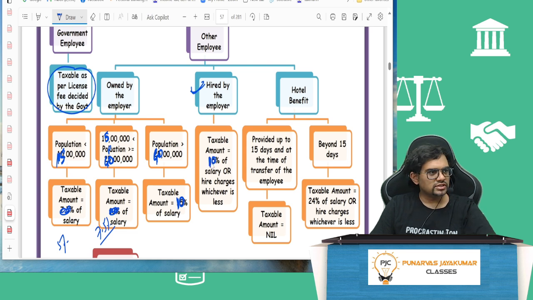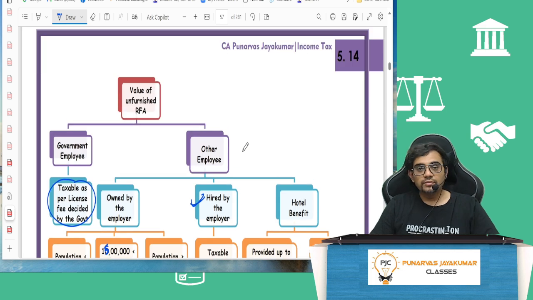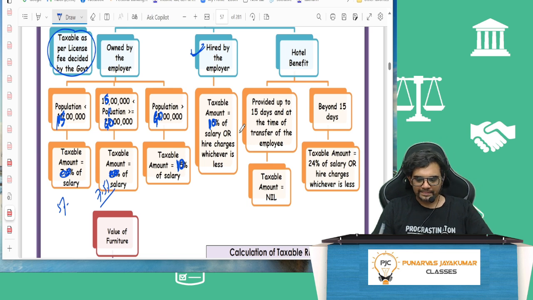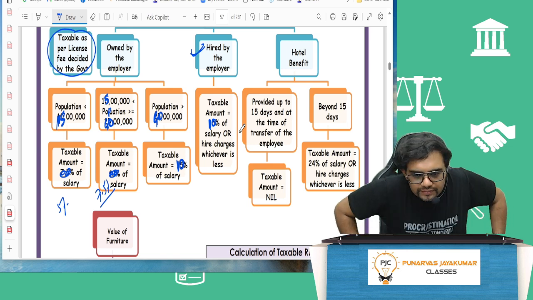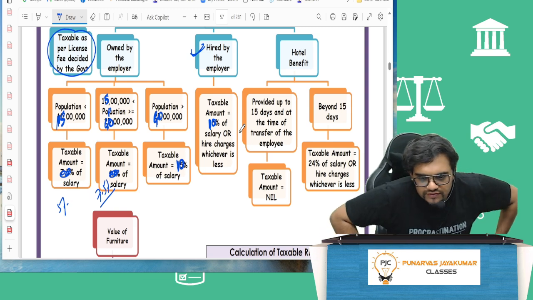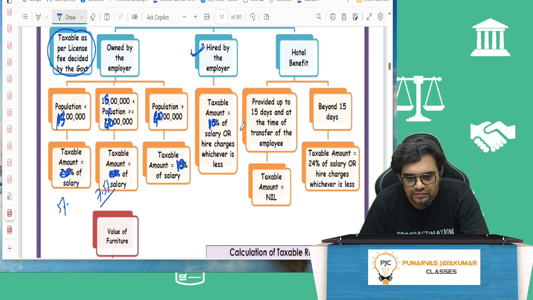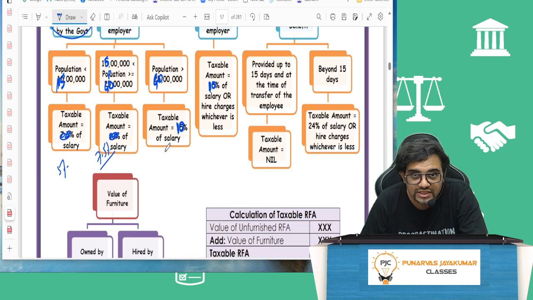Please make these changes in the notes, page number 5.14. 10% of salary or hire charges, whichever is less. So those are the changes, guys. Population less than 15 lakh, 5% of salary; 15 lakh to 40 lakh, 7.5% of salary; population more than 40 lakh, 10% of salary; taxable amount is 10% of salary or hire charges, whichever is less.